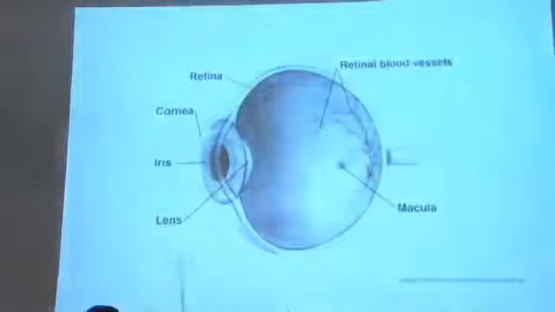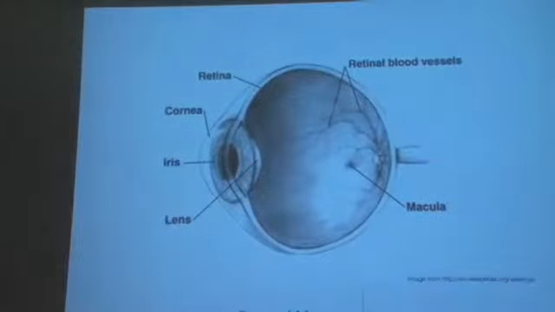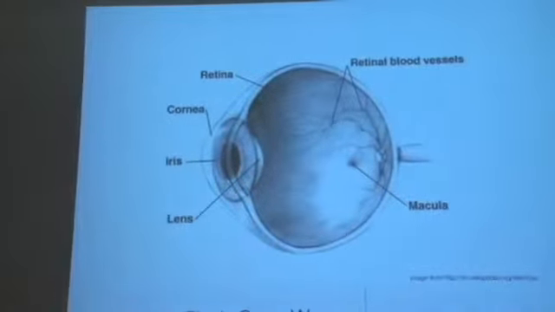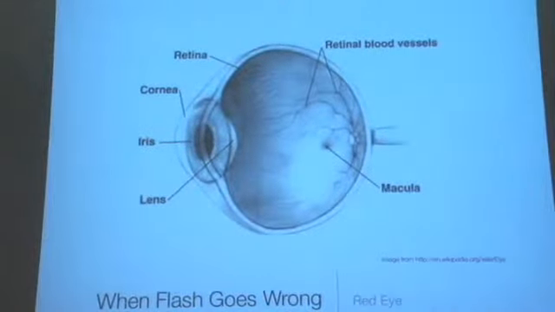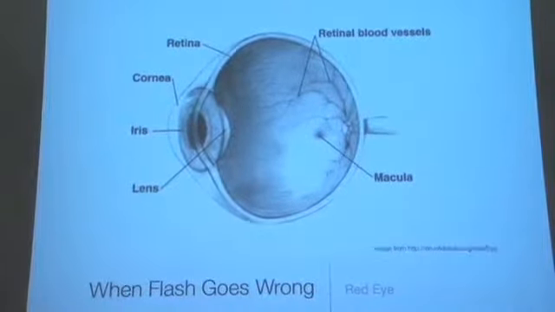So all of the light goes through the iris, reflects off the back of the eye and comes back out. The back of our eye is actually red in color, and so that's why it looks red: the flash is reflecting directly off the retina, and it looks bad and red.